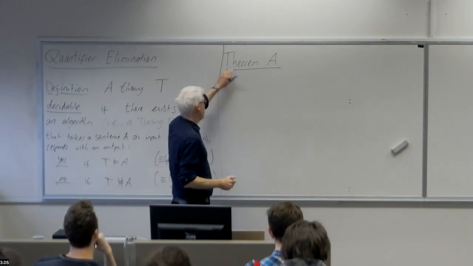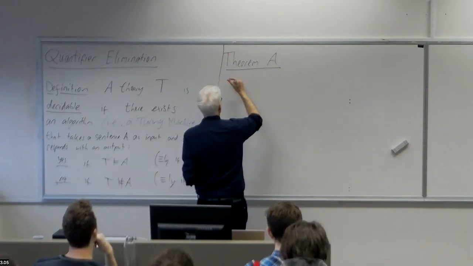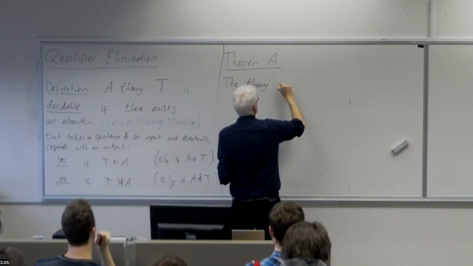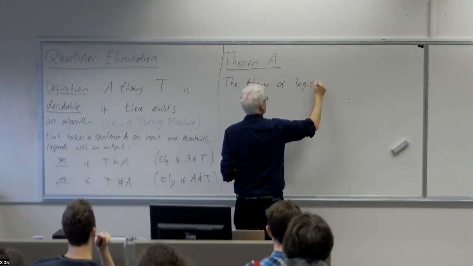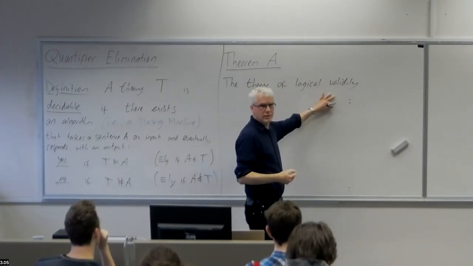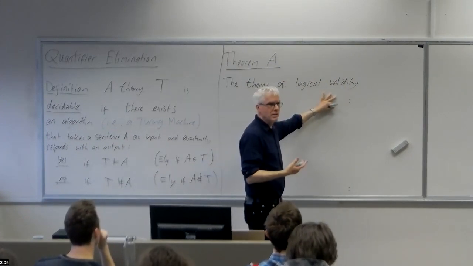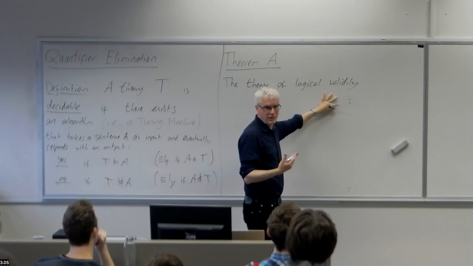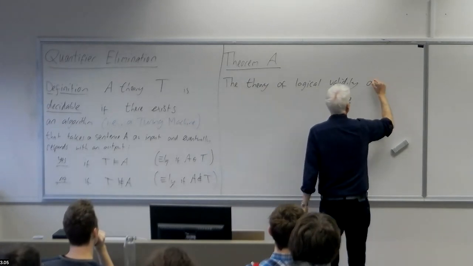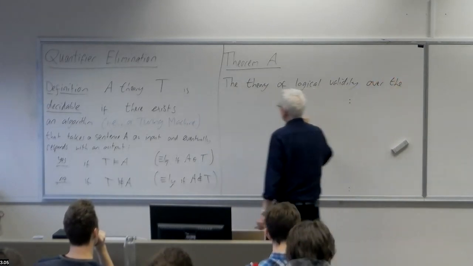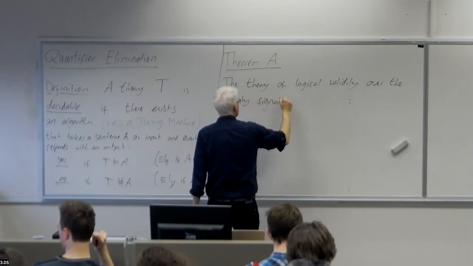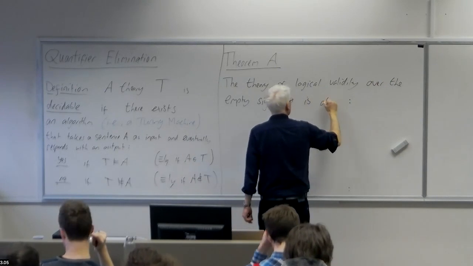Theorem A is this: our main theorem is that the theory of logical validity, namely the theory of logically valid sentences, but over a special signature, in fact a very simple signature, the empty signature, over the empty signature is decidable.